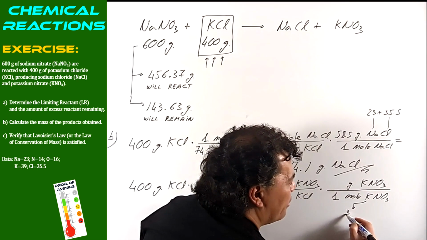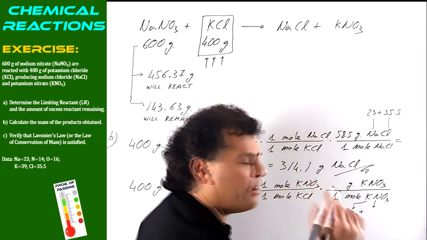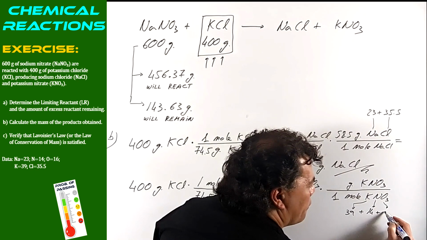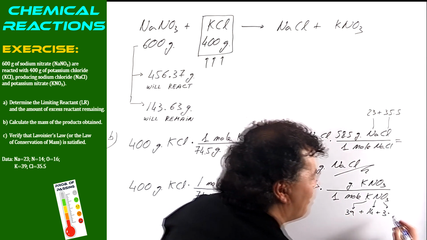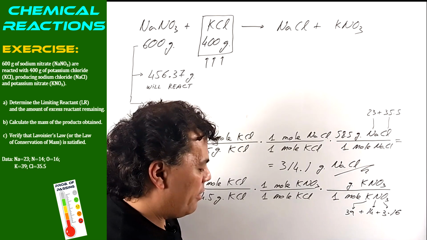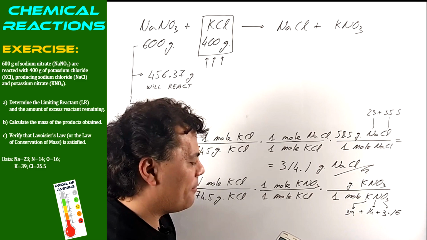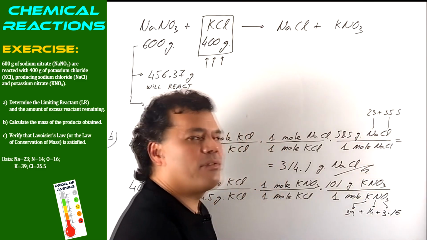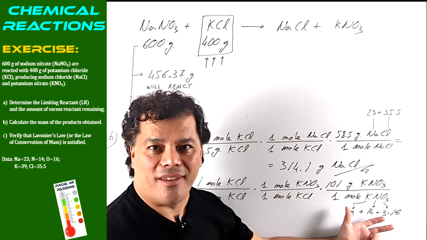Potassium 39 plus nitrogen 14 plus 3 oxygen atoms, so 3 times 16. Let's write in the calculator. 39 plus 14 plus 3 times 16. It gives us 101 grams of potassium nitrate is a mole of potassium nitrate.